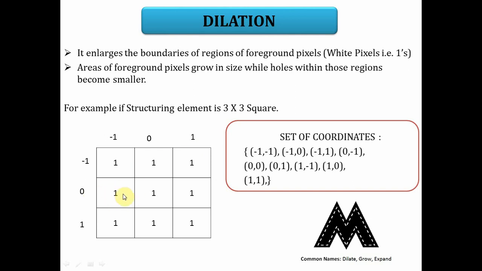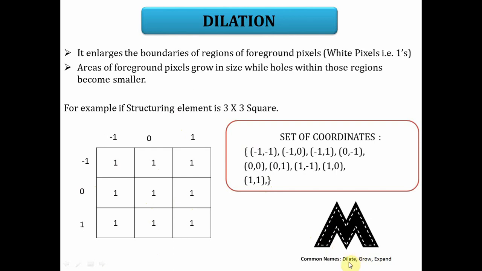Again, the neighborhood of this center pixel will be 0 -1, 0 0, 0 1, then 1 -1, 1 0 and 1 1. These are nothing but a set of coordinates.